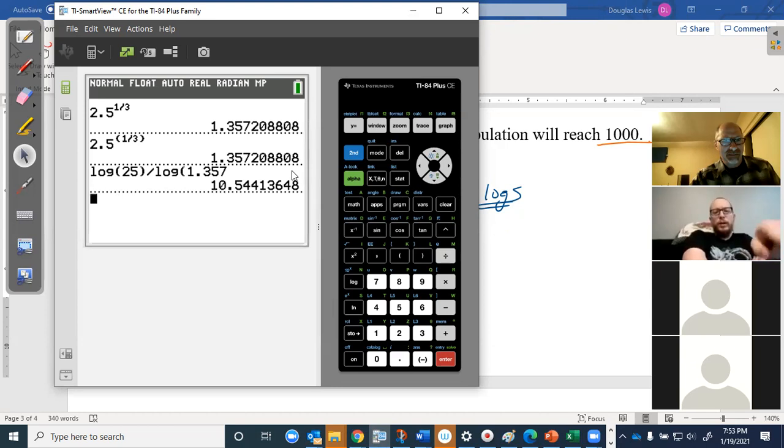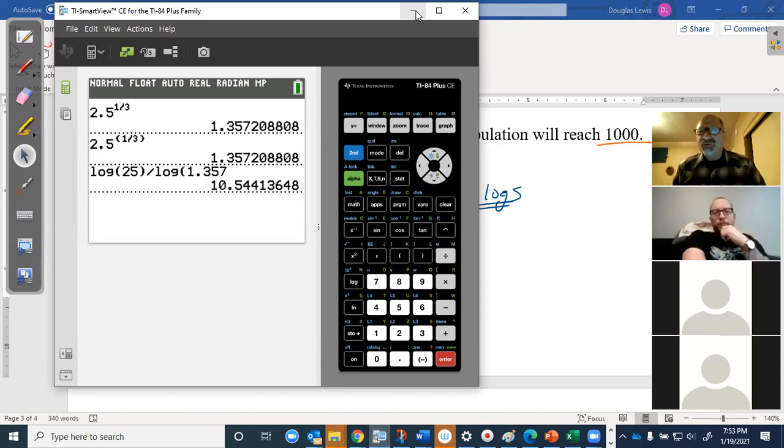Just a note on that. If you have an older calculator, you'll need to do log 25 and then press enter before you go to division log. Actually, you probably have to go 25 log. Yeah, you put the 25 in first, then log. And then divided by, and then 1.357 log.